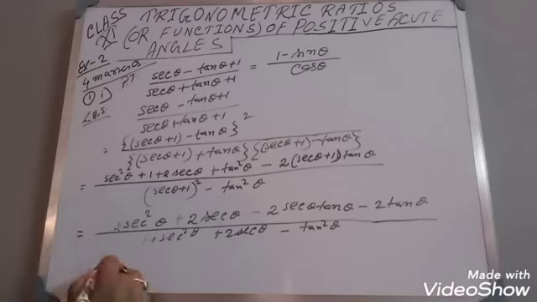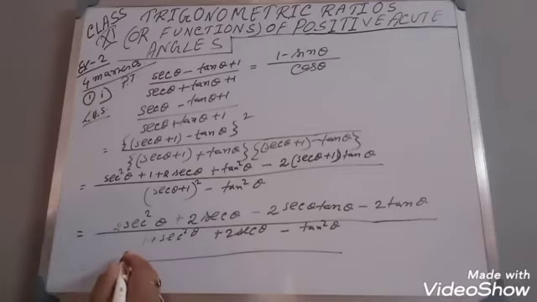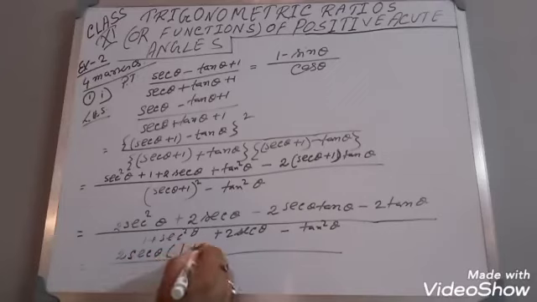Our numerator is two sec square theta. Do one thing, from these two sec terms take 2 sec theta common, and it will be 1 plus sec theta.